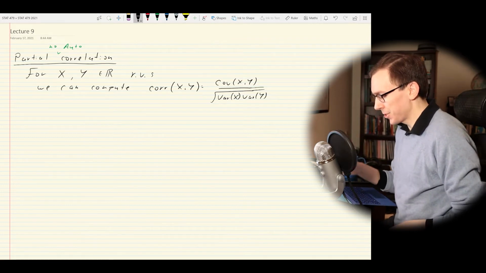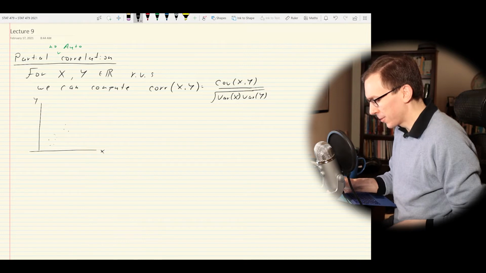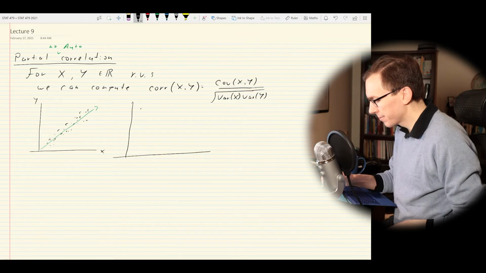Right, what is correlation? Well, correlation says that if I have an X and a Y, then if they're highly correlated, they're going to look like there's some sort of linear trend, either sort of up or down or otherwise. Both of these would have a high correlation.